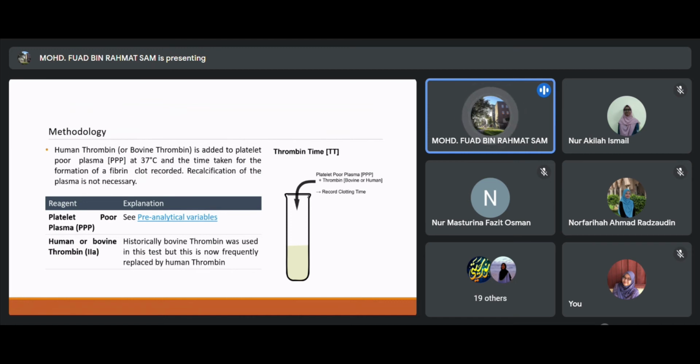Tapi selepas tu ada isu or kontroversi kenapa nak tambahkan human plasma with the binatang punya thrombin. That's why sekarang kita dah cuba untuk menggunakan human thrombin instead of bovine thrombin. So basically in TT, benda yang perlu adalah untuk kita measure this TT is thrombin.